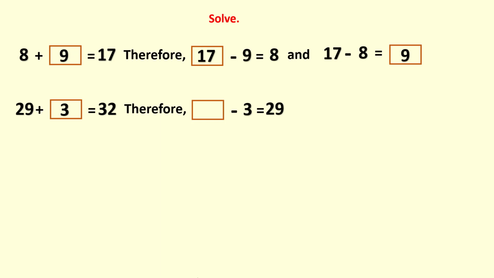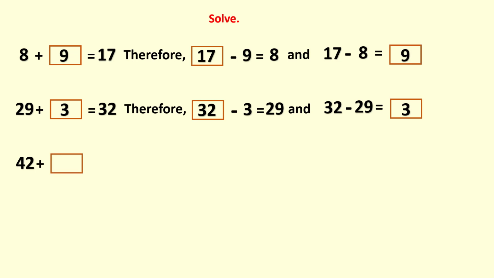Which number is remaining from the last 3 numbers? Yes, 32 is remaining. It means 32 minus 3 is equal to 29. And 32 minus 29 is equal to 3.